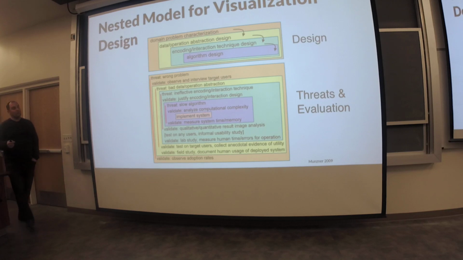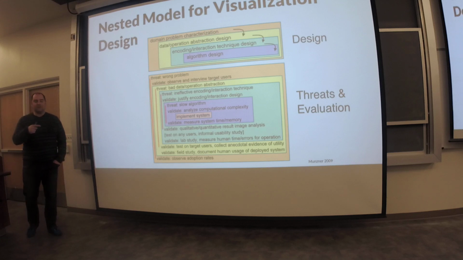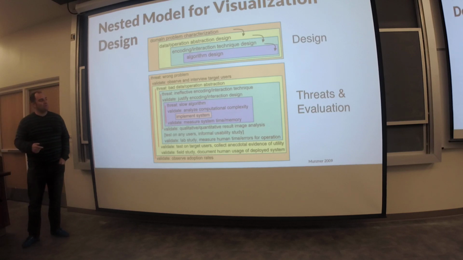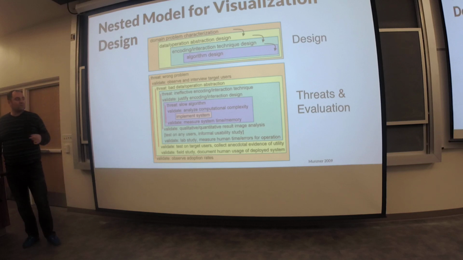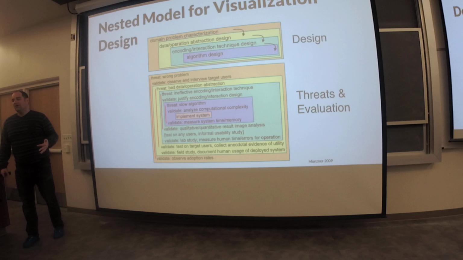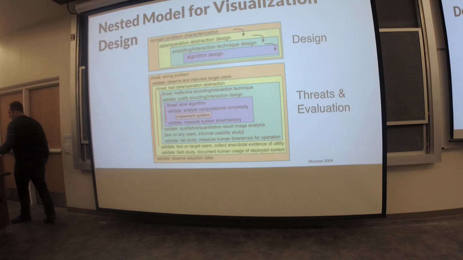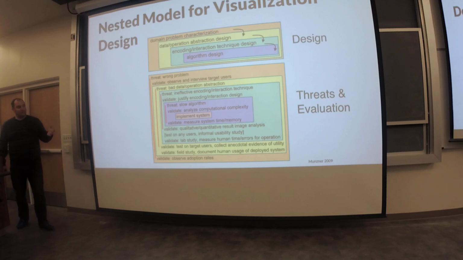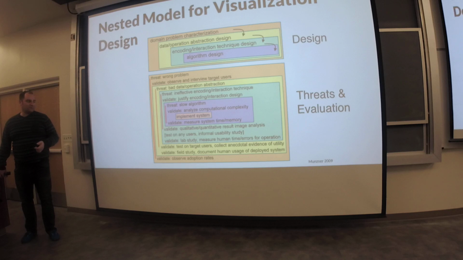What you do here is just write out the arguments. Do you know exactly which visualization technique is suitable for that and for what, and why? If you are concerned about an ineffective encoding, then by explicitly justifying all of your steps, you can counter that threat. And then finally, at the lowest level, you could have a slow algorithm, or it could be hard or impossible to implement.